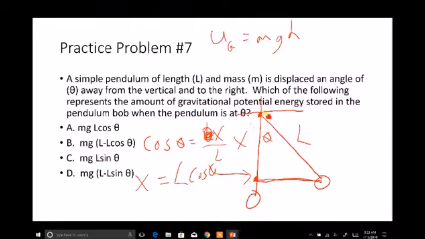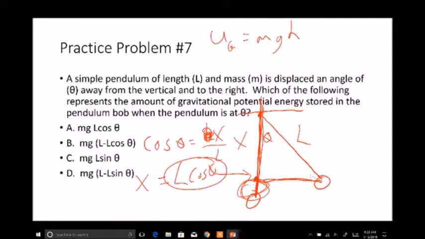Well, now this cable here was the entire length of the string. And what we ended up doing is now it's been lifted this much. So to find that, we're simply going to take the total length of the string, L, minus this piece of that string length, L cosine theta.